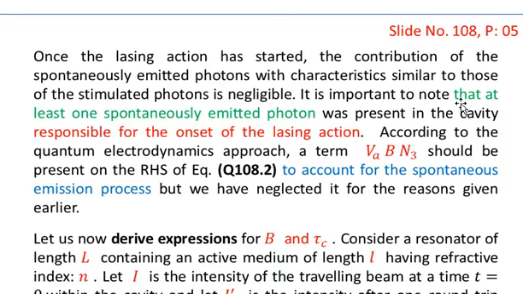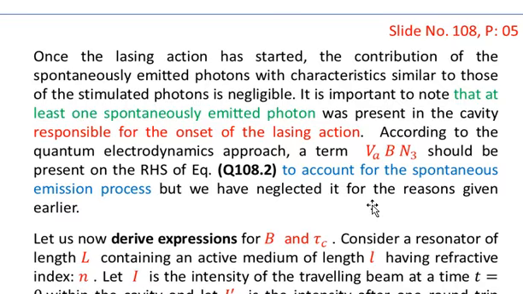It is important that at least one spontaneously emitted photon was present in the cavity, responsible for the onset of the lasing action. According to the quantum electrodynamics approach, a term Va times B times N3 should be present on the right hand side of equation number 2 to account for the spontaneous emission process.